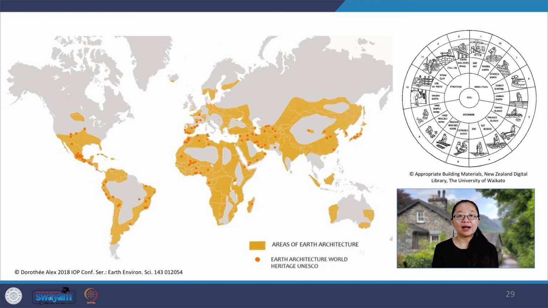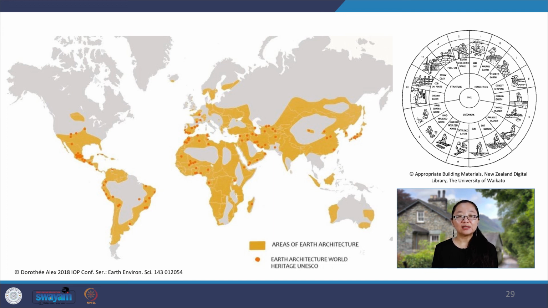Earth buildings are highly durable, have good humidity regulation and sound insulation, and are non-toxic, non-allergenic, and fireproof. And when the building is demolished, the earth returns to the soil and can be recycled indefinitely. Earth buildings have very low embodied energy and low environmental impact, especially when the material is sourced on site.